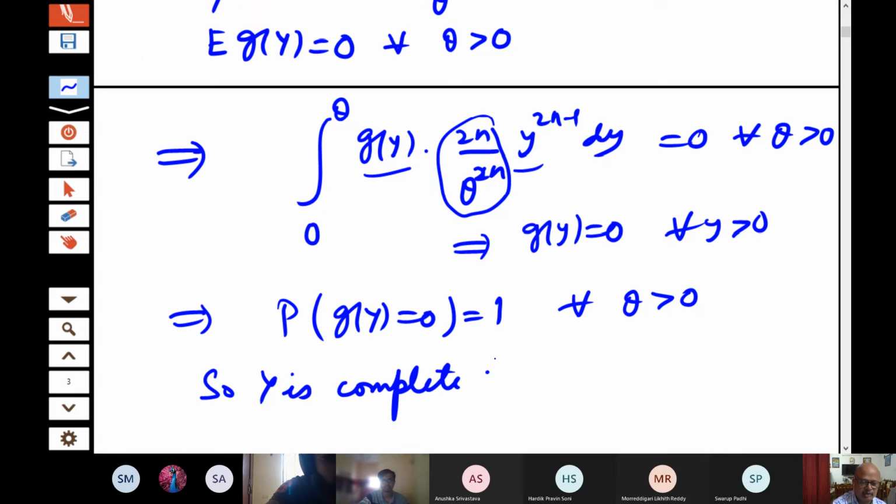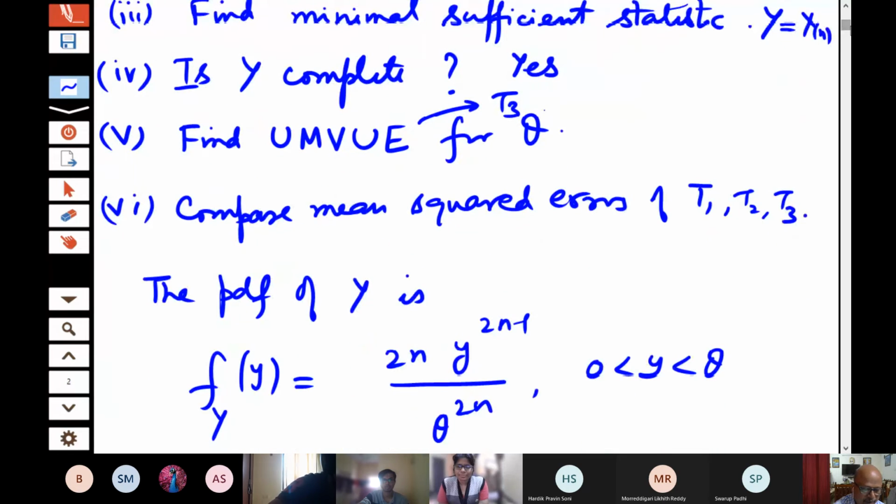If Y is complete, what is the next question that I have asked? Find the UMVUE T3 for theta.